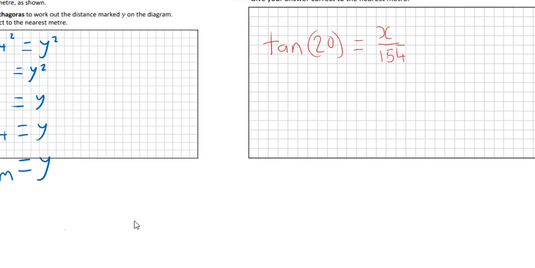Because the variable is on top, we can multiply both sides by 154. So 154 times the tan of 20, and that's going to give us our answer. That's what you need to put into your calculator: 154 times tan 20. And that gives us 56.05.